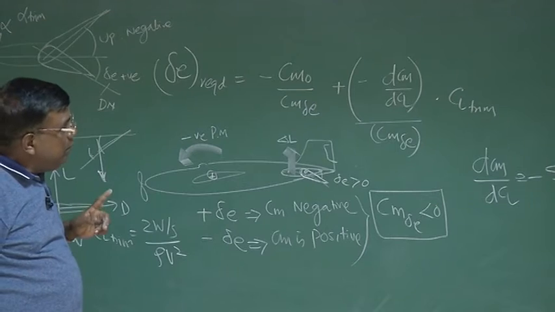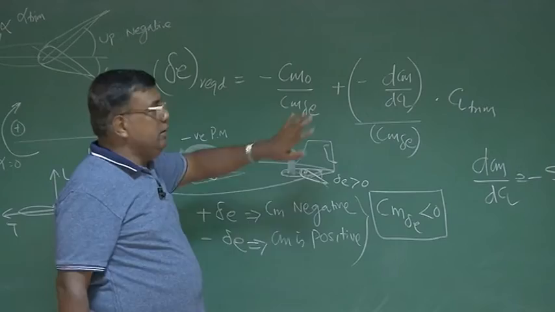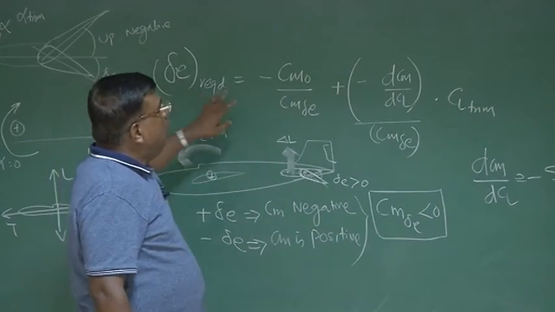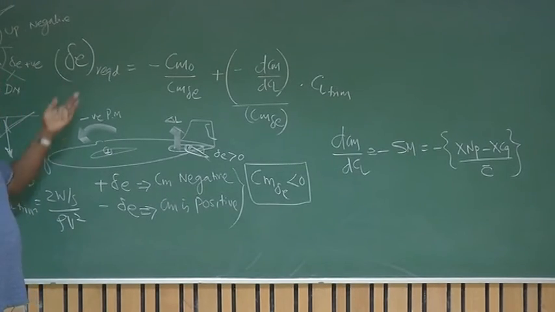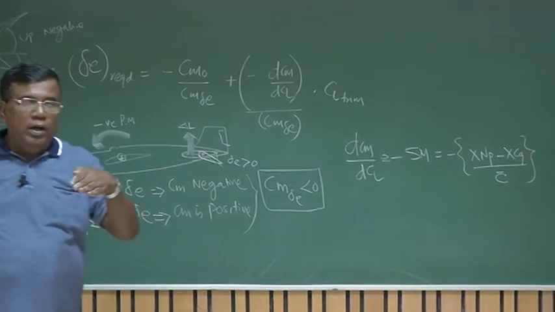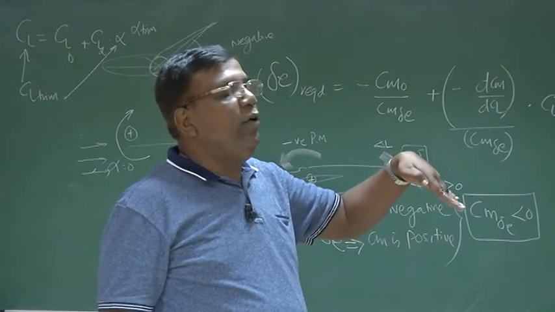But understand one more important thing. This is an expression, right? You go on putting in CL trim, and it will go on giving delta E required. But there is a limit. If I go on deflecting the elevator like this, there is an angle beyond which the flow will get separated.